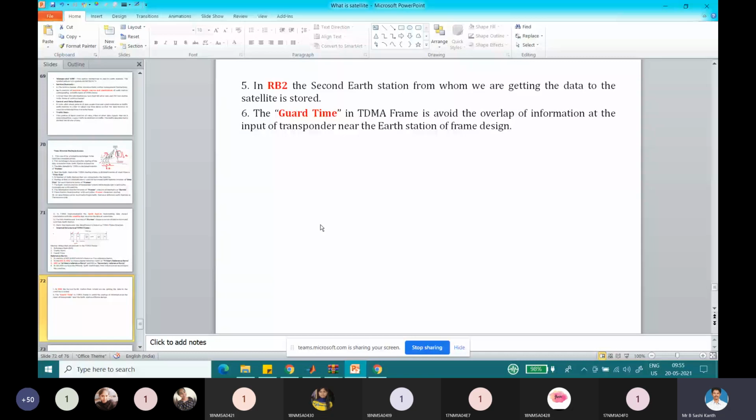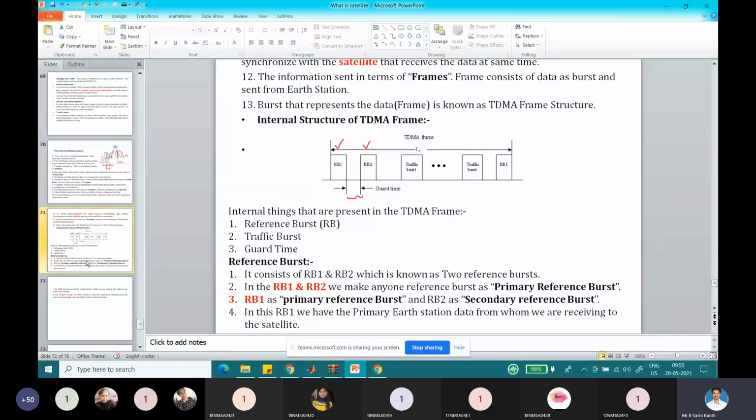Because this frame is designed near the earth station, there we make sure there is no overlap between the reference bursts. If there is no overlap between the reference bursts, that helps you send the data without any loss of information. That's why the guard time is used to avoid the overlap of information. So this is about the reference burst in the TDMA frame.